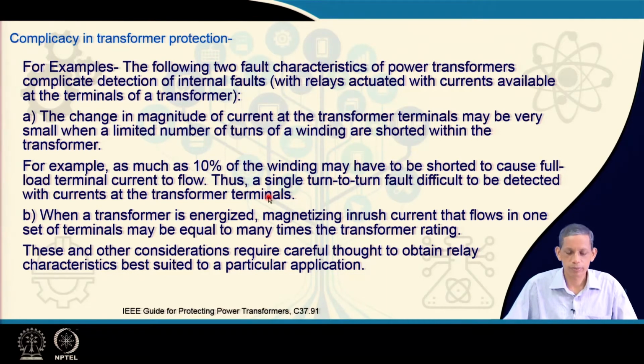That is the issue of turn to turn faults. At the point where the fault has occurred the current may be significant, but its reflection at the terminals of the transformer, where the measurements through the CTs are taken, may not be significant. That puts challenges to the transformer protection.